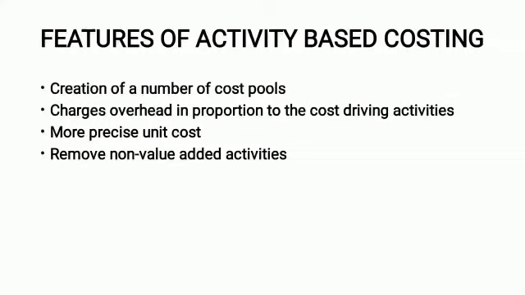The first feature is creation of number of cost pools. Activity-based costing involves creation of number of cost pools linked to different activities. The second feature is that it charges overhead in proportion to the cost driving activities.